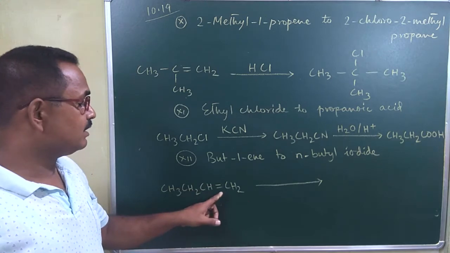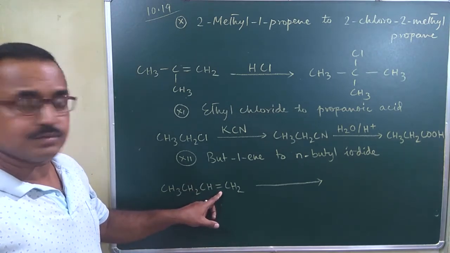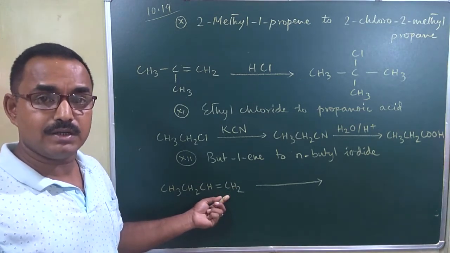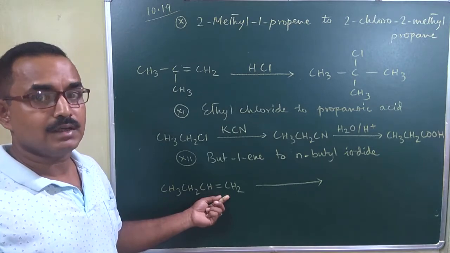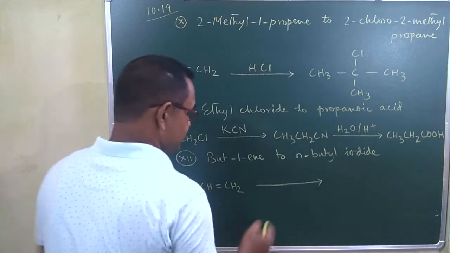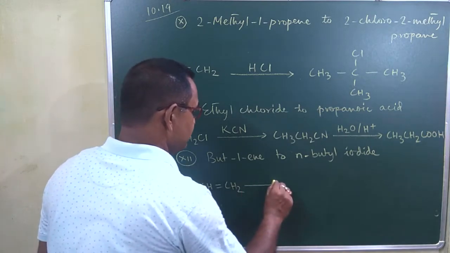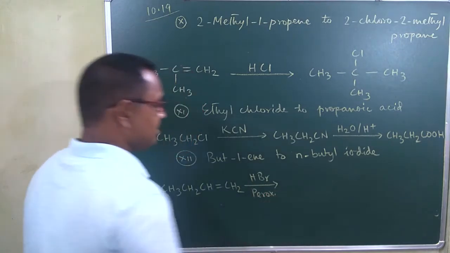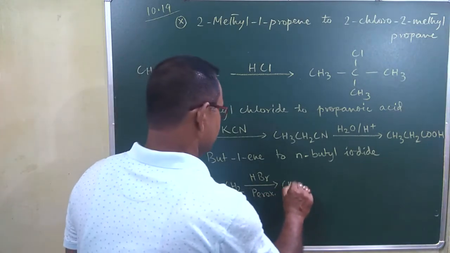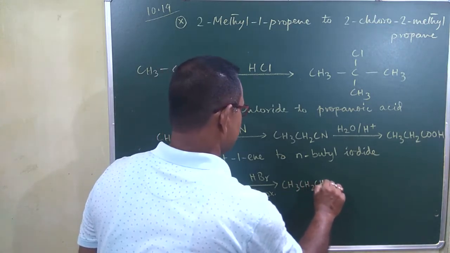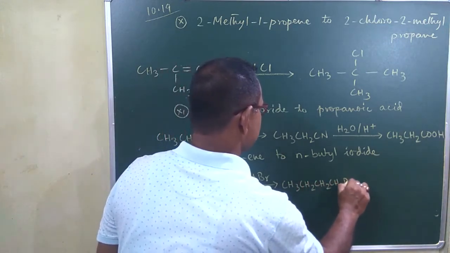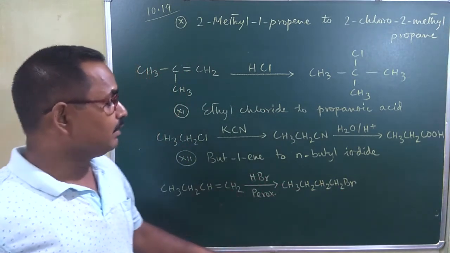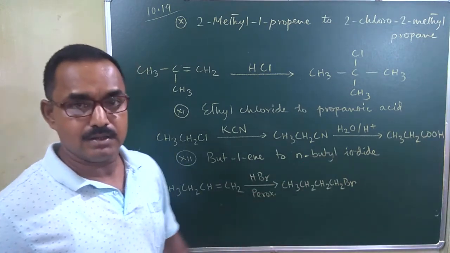So the addition reaction should be anti-Markovnikov addition. But we all know that anti-Markovnikov addition is possible only with HBr, not with HI. So first, react this compound with HBr in presence of peroxide. What will happen? There will be anti-Markovnikov addition. You will get 1-bromobutane, means n-butyl bromide.